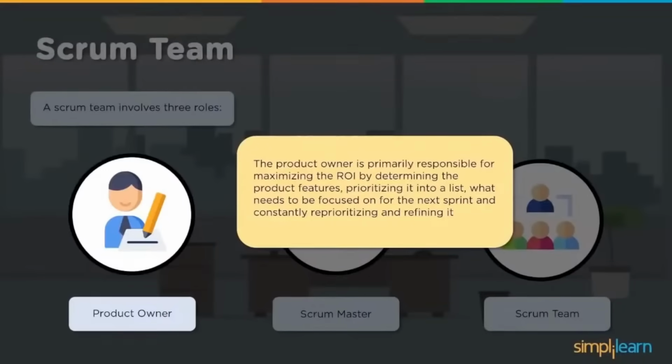Now why does this need to be done? Maximizing ROI in the sense that obviously the product owner should closely work with the business and have insight into what the business requires, what the customer requires, and how it helps the customer accomplish that result, so that it helps justify the investment they are making in the product's features and functionalities. Then reprioritizing and refining depends on what features need to be delivered in what order.